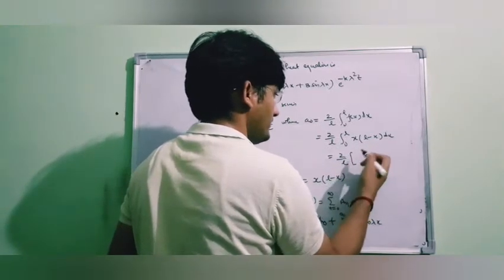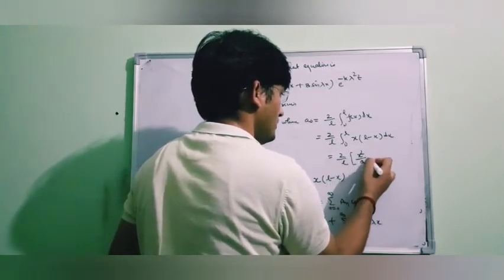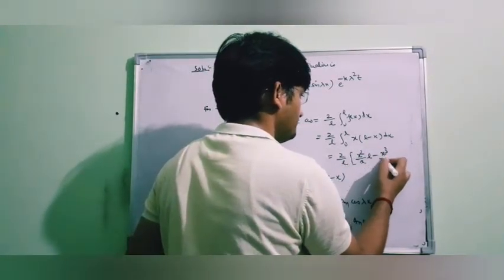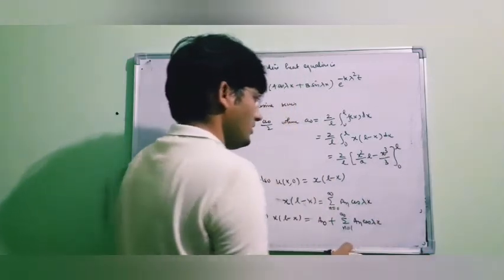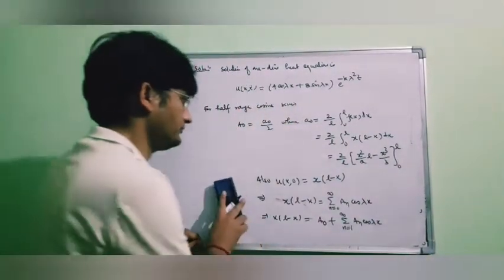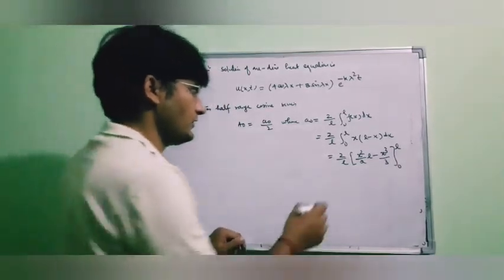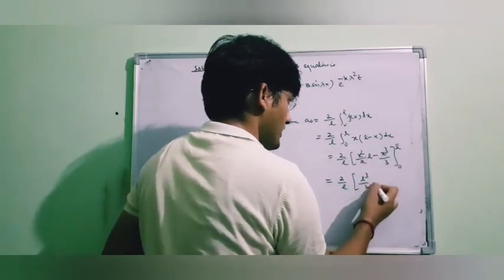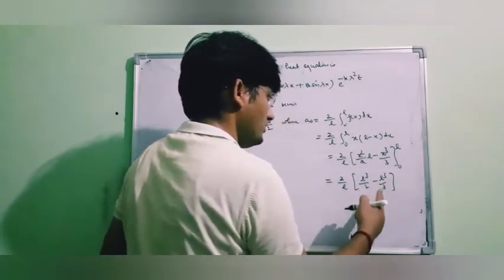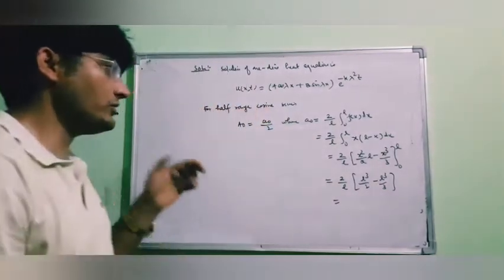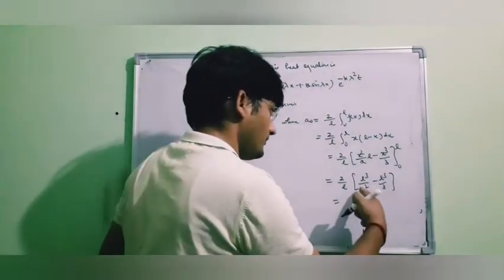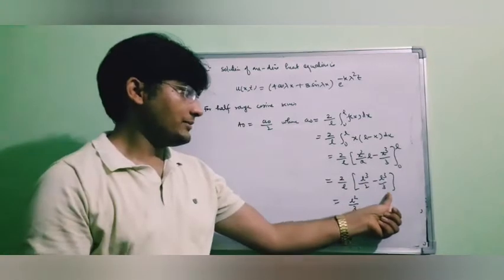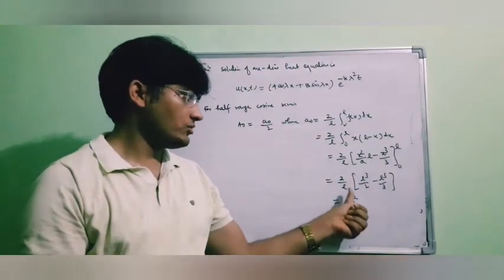Integration of x is x square by 2 into L, and integration of x square is x cube upon 3, in the limits from 0 to L. Here your upper limit will be L cube upon 2 minus L cube upon 3, so this is L cube upon 6. Then 2 upon L times that gives L square upon 3.